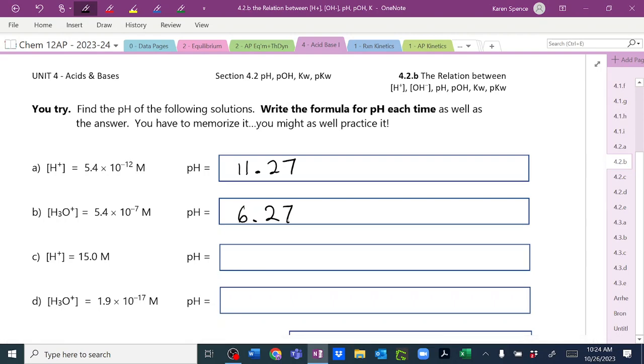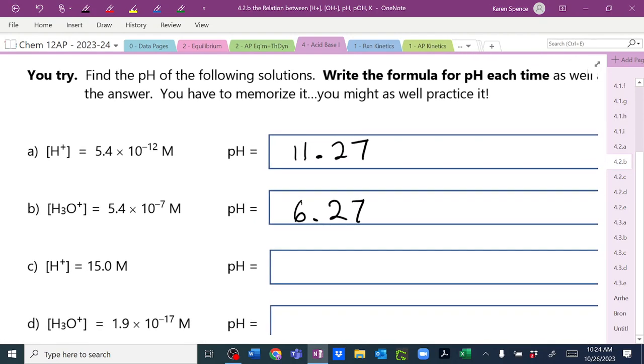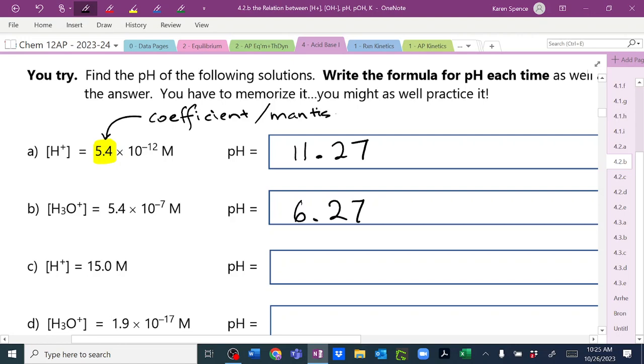Take a look at your first two answers, and you'll notice that the coefficient, this part of the number, is also called the mantissa. Your choice what you want to call it. I think coefficient is probably more familiar to most of us.